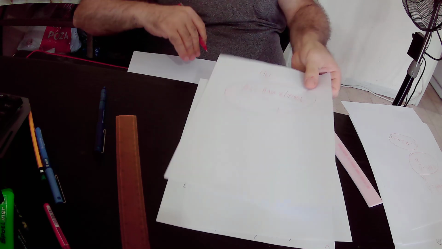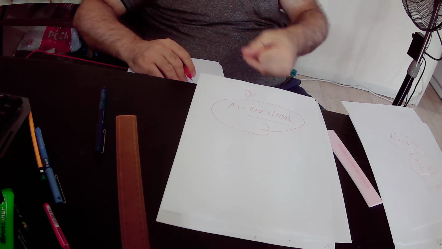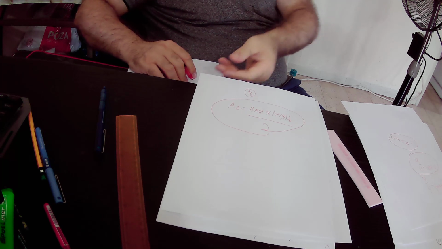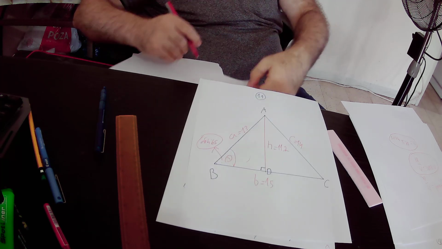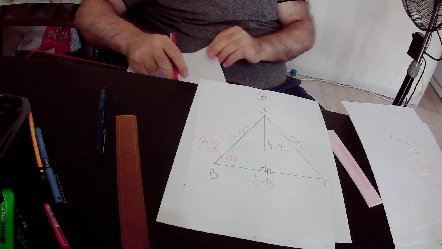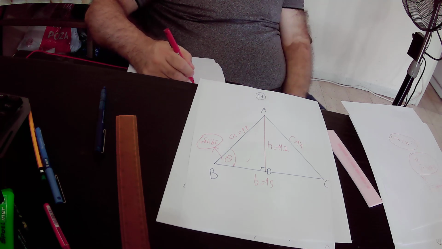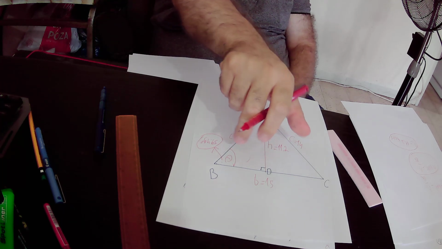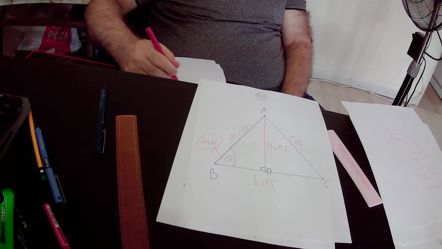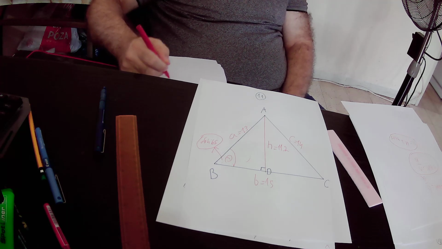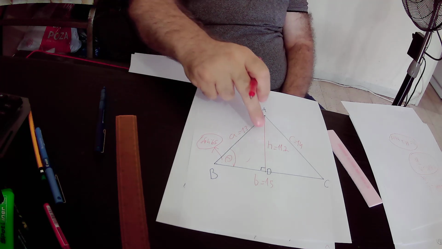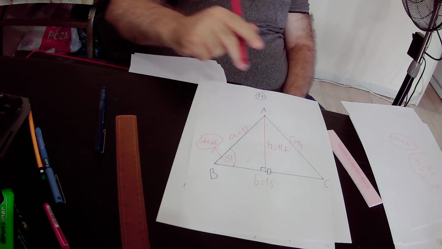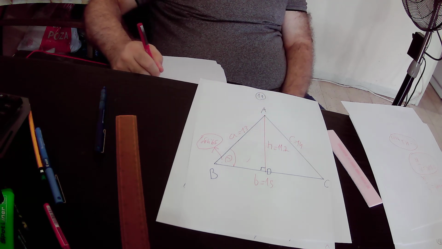According to this formula, the area of triangle ABC equals the base, that is B, 15 units, times the height to the base, that is H, 11.2 units.